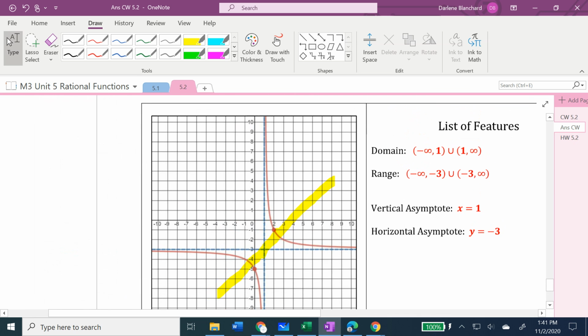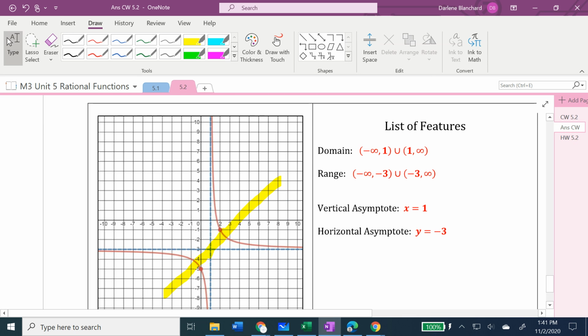And so there are the list of things to wrap it up. And this is like the parent graph of our rational functions. As we learn to graph rational functions, we're going to see that sometimes we have vertical asymptotes and horizontal asymptotes, sometimes we don't.